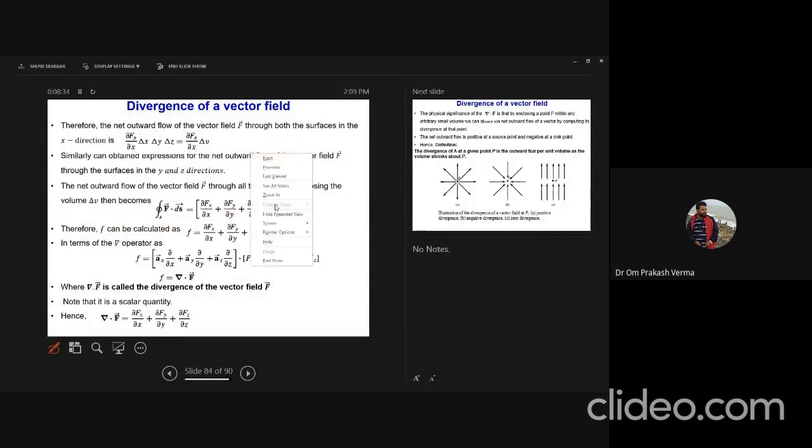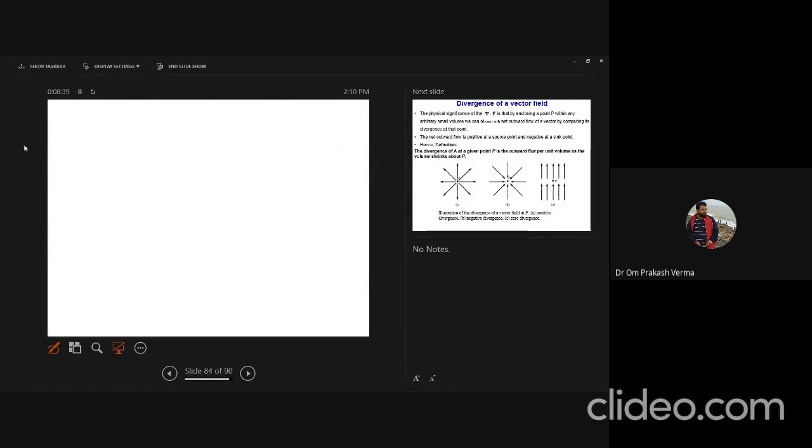What will it become? Net outward flow in the x direction. Overall, in the x direction, what was formed? Can you say? This became f(x) plus del f by del x into delta x by 2, into delta y delta z, in the positive direction. In the negative direction, what is it? Minus of f(x) minus del f by del x into delta x by 2, into delta y delta z.